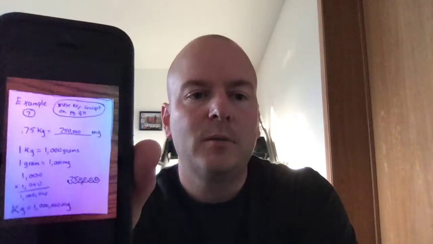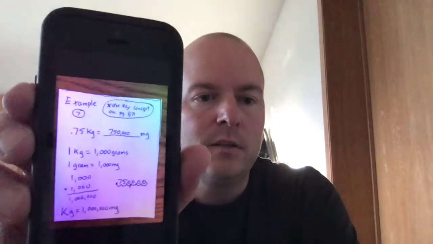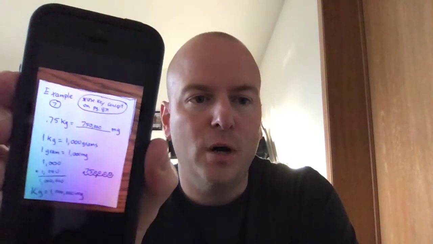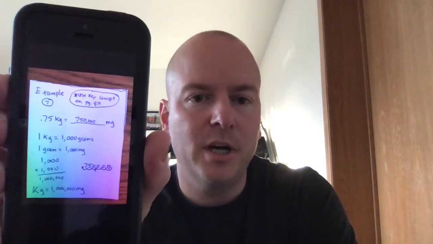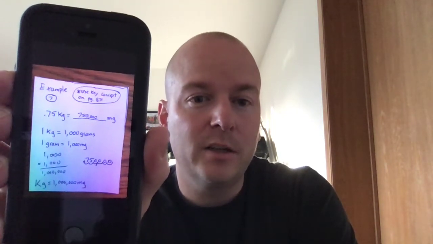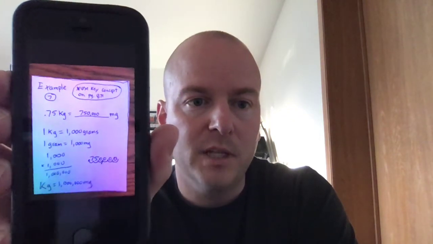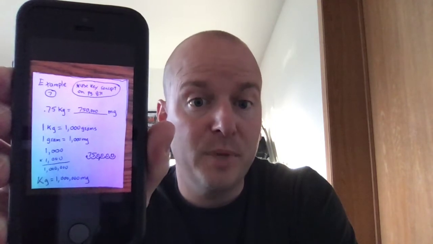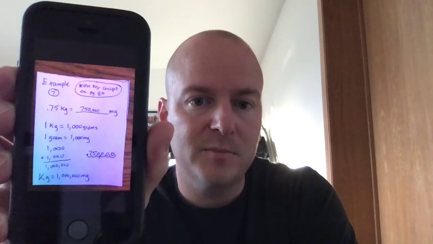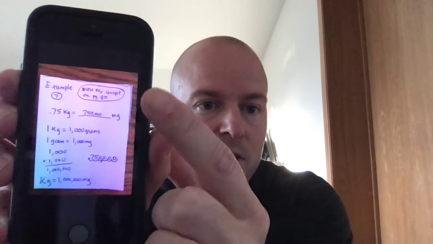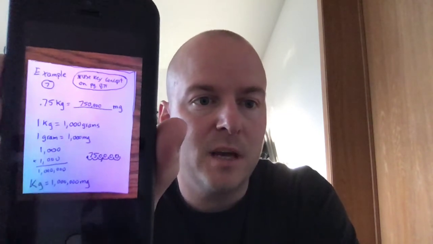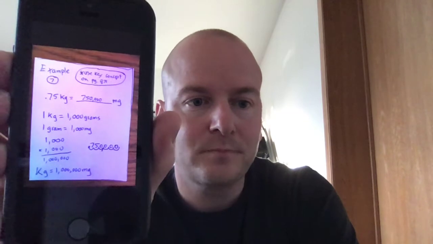Number 7 is probably the trickiest one, because it's making a large jump. It is going from kilograms to milligrams. Not kilograms to grams, but kilograms to milligrams. They're big jumps, and I'll try to explain that as best I can talking to my computer screen. Again, use key concepts on page 874.